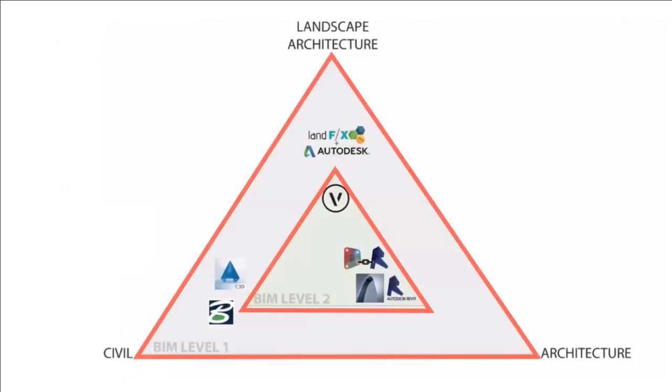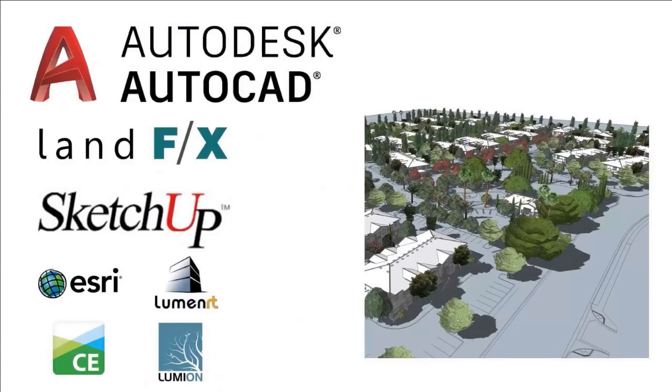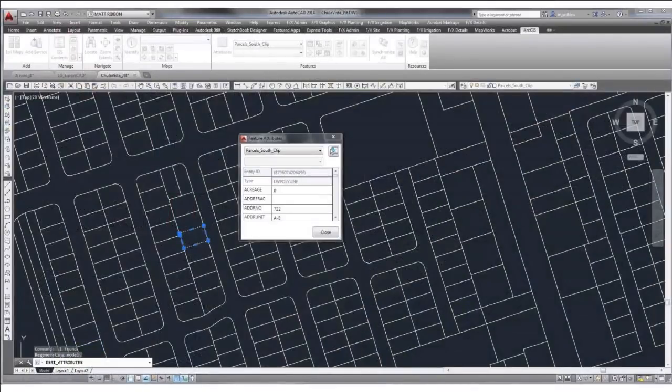And I'll go through some of these workflows. Just to touch on BIM Level 1, and I'm going to fly through these slides. This is your traditional workflow: AutoCAD, Land F/X, SketchUp, etc. Most everybody's familiar with that, but there are other tools to get you a little bit more informed.